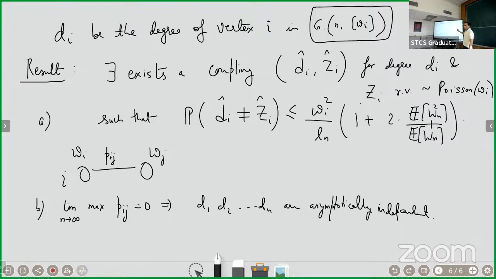This better be bounded. If it's not bounded, then it loses. My d_i would be some fixed number. And what would this number be if I construct w_i equal to 1 for all? Then d_i would be a fixed number. So something will go wrong here.